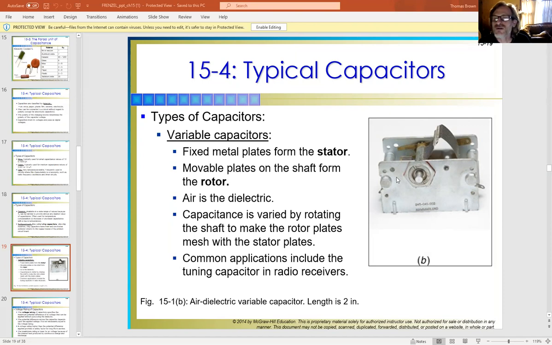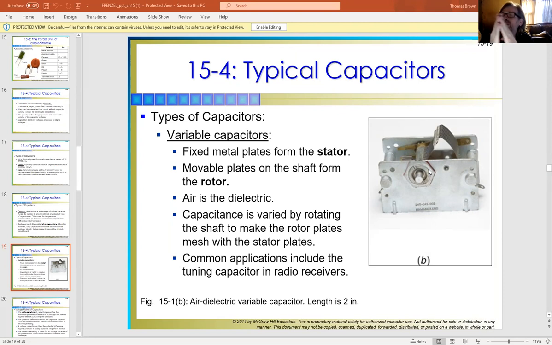You see how he's going through here and even has a diagram where we have a rotor involved. Dielectric in this case is going to be air. So these are very simple capacitors in one respect and can be kind of complicated at the same time. As you rotate this shaft around, the flywheel right there, you're making the rotor plates mesh with what they call the stator plates, and what's in between them is, and it wouldn't seem like it, right?